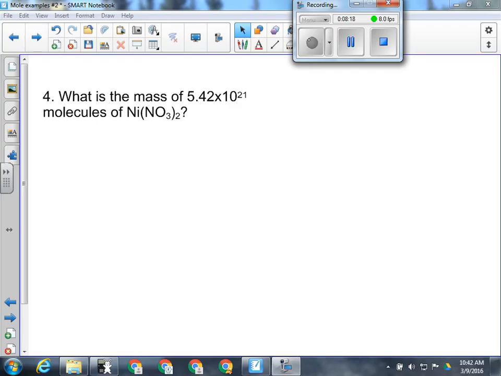Okay, a little tip for you for next week. A lot of people get confused as to when they should use Avogadro's number. When you read the question, all you have to look for is one word: molecules. If you see this word in the question, you're going to have to use Avogadro's number, either dividing by it or multiplying by it.